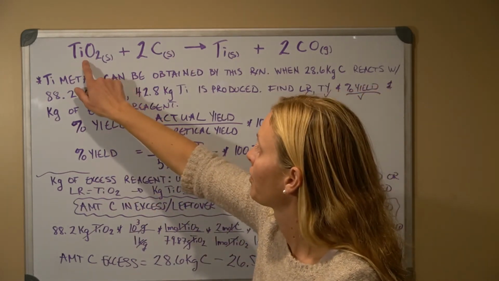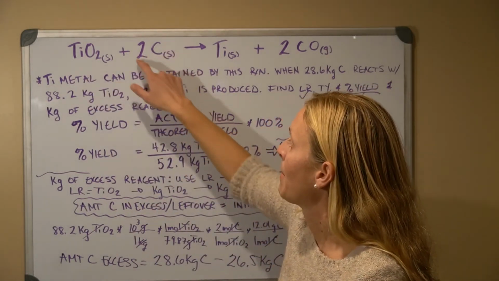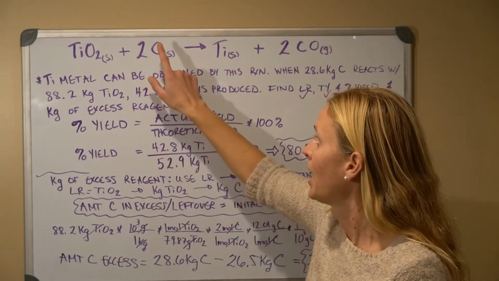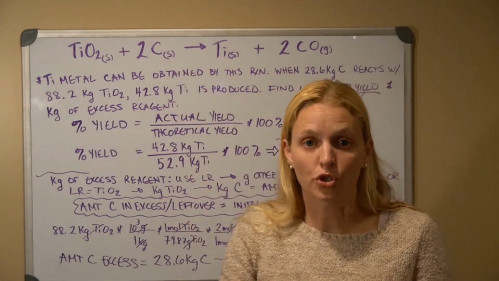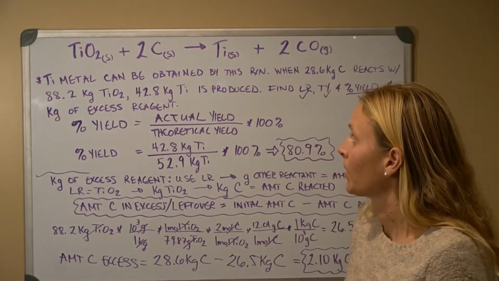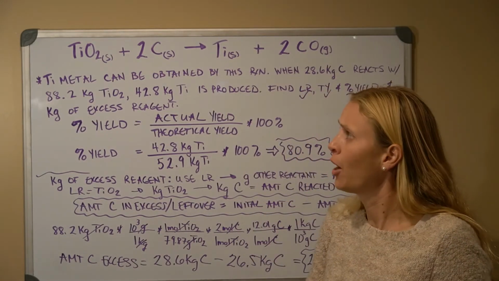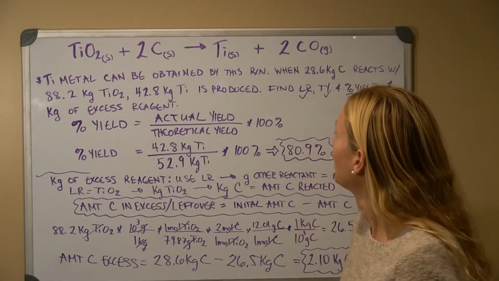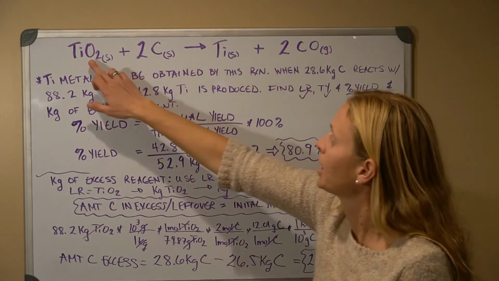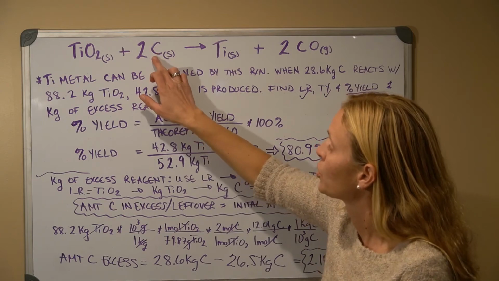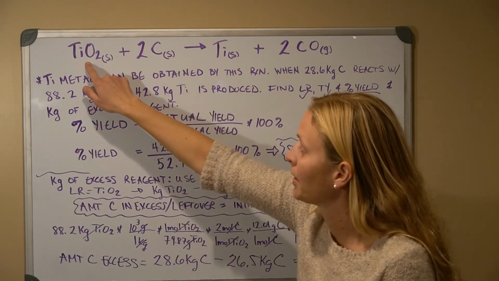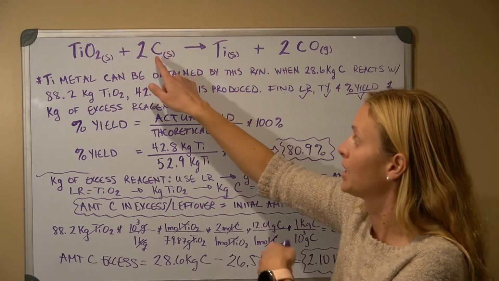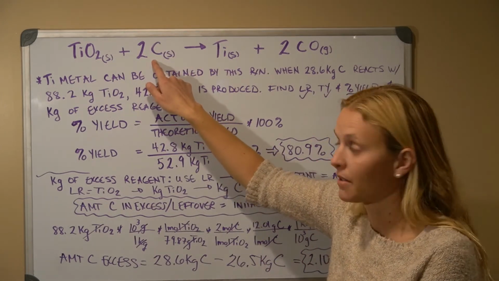So if I convert this to this, the amount that I calculate of the other reactant from the limiting reactant tells me how much of this was used or reacted with it. Okay, so that doesn't tell me how much is in excess. It only tells me how much was used. So I go from mass of this, use the stoichiometric mole ratio to get to moles of this, to mass of this.